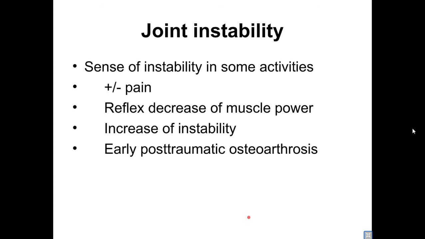That's why first we have to deal with pain, then we have to increase the muscle strength of the quadriceps, and then we have to evaluate the joint instability again. This is a long period of time. Sometimes it takes more than 2 or 3 weeks. And if the patient still experiences some instability of the joint, then we will start talking about ligament reconstruction.